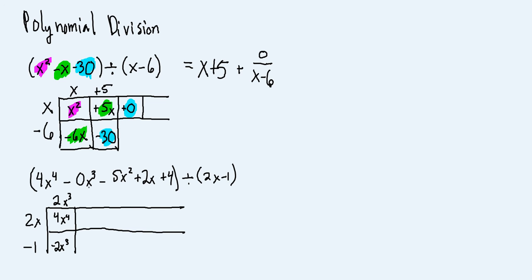Now we need to move on to the x cubed term. We have 0x cubed, but here it says we have minus 2x cubed. So we're going to need to cancel that out by saying plus 2x cubed. Negative 2 plus positive 2 is 0. Cool, we're good there. We've got a 2 here, a 2 here, so we're not missing anything.